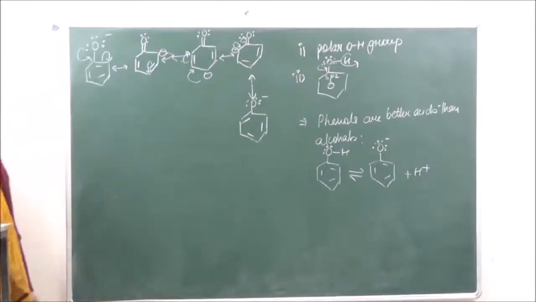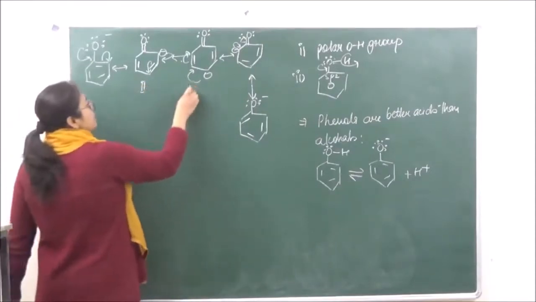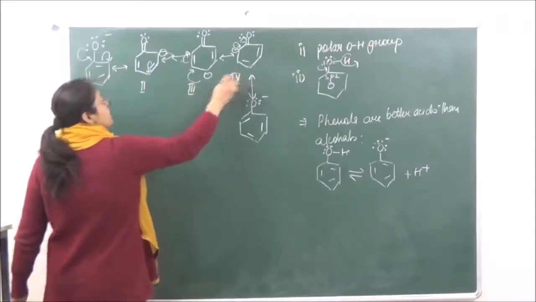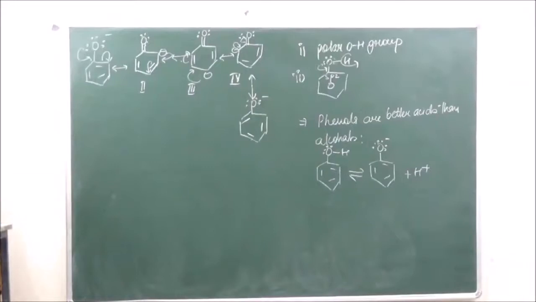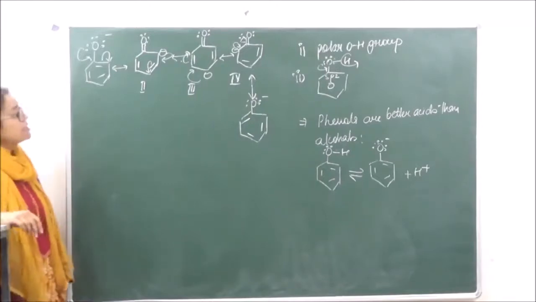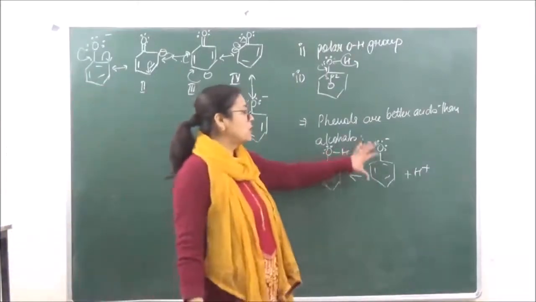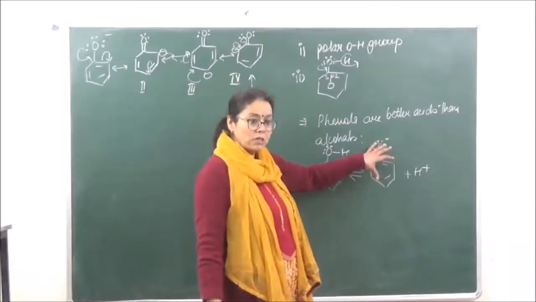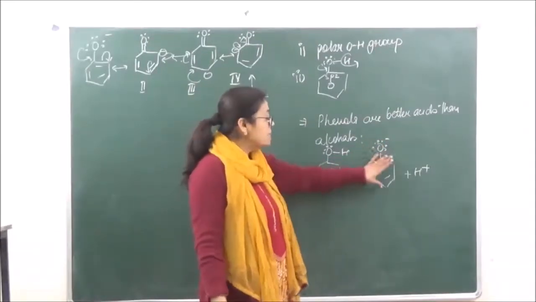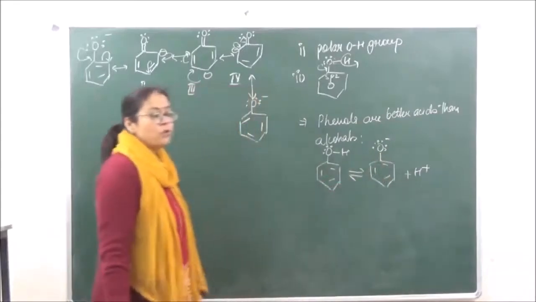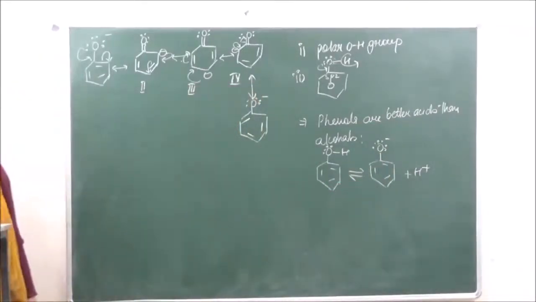Now, if you look at structures number 2, 3 and 4, they are going to have what? The negative charge dispersed in the benzene ring. Because this negative charge is being dispersed on the benzene ring, it is going to make this phenoxide ion much more stable. So if this ion is stable, the reaction is going to go in the forward direction and H positive can be easily removed.